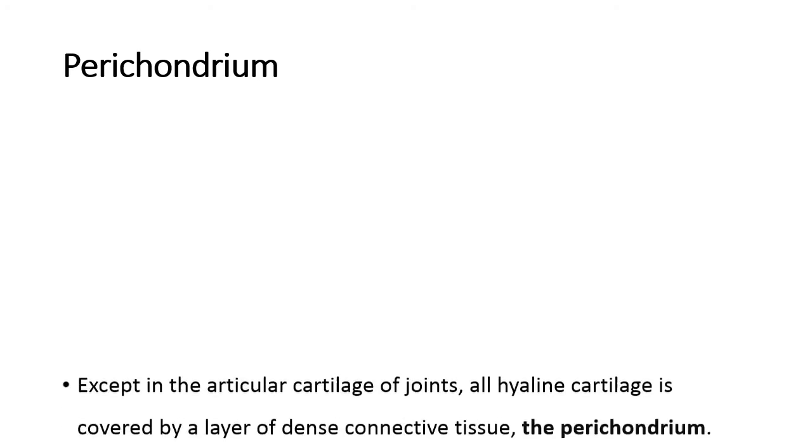So after we finish the matrix and the chondrocytes, the cells, let's discuss the perichondrium, which is the adjacent connective tissue surrounding the cartilage.